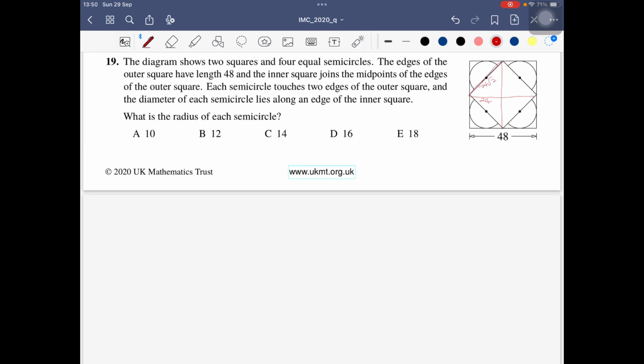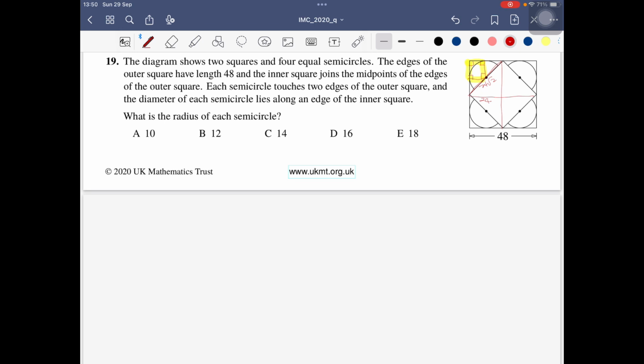Again, this is an isosceles right angle triangle. And it touches here. But you know, this is a right triangle because it's a square. And this is a right triangle because they are tangent. So this should be a right triangle, which means this one is a square again.